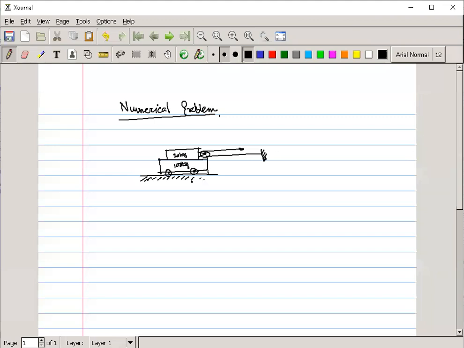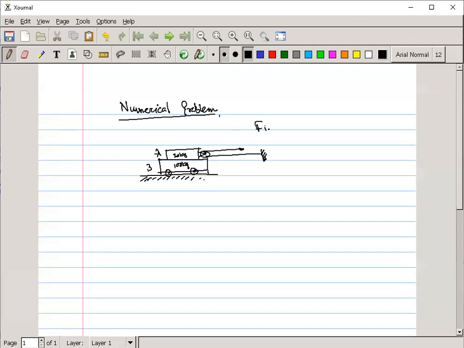The question is, if the coefficient of static and kinetic friction between the 20 kg block and B both have the same value, that is 0.5, then determine the acceleration of each part for A and B.